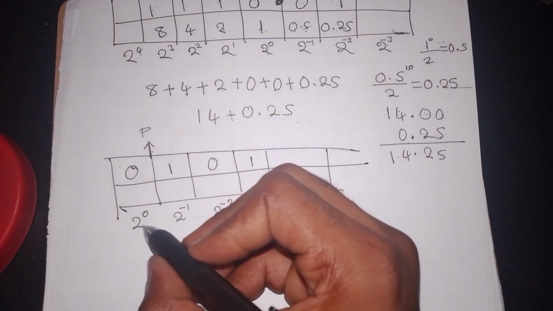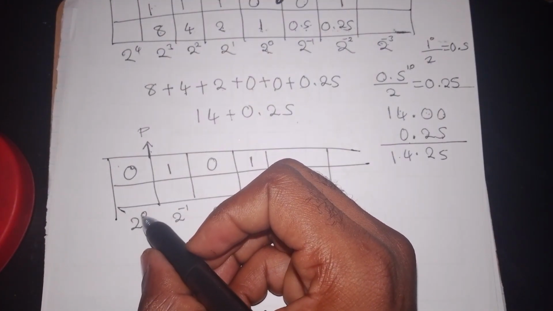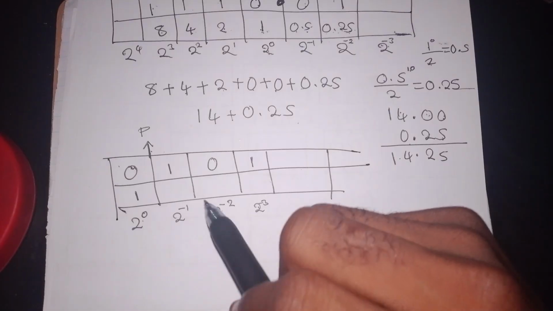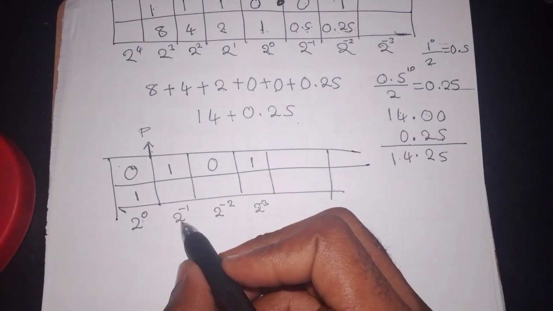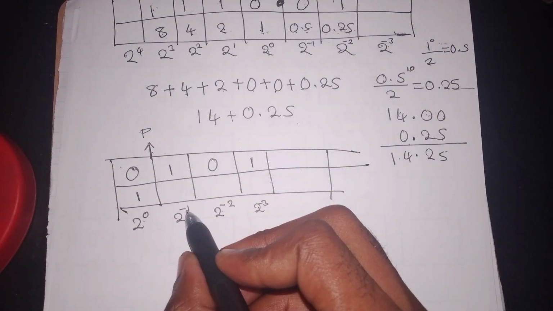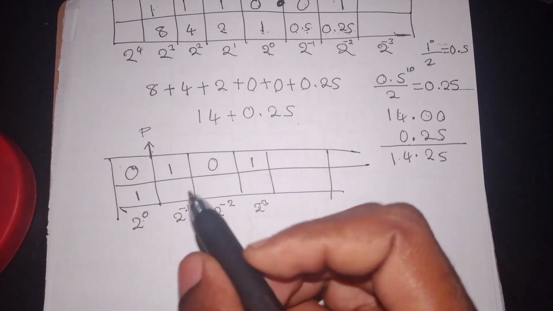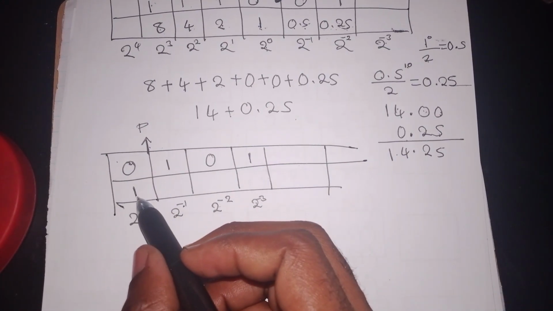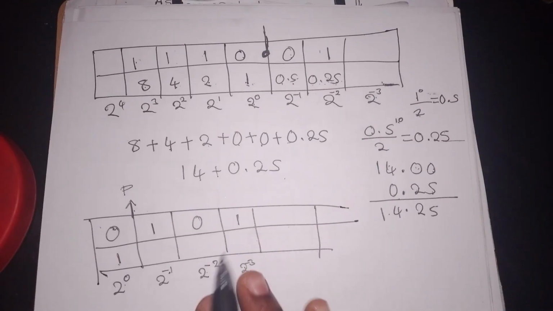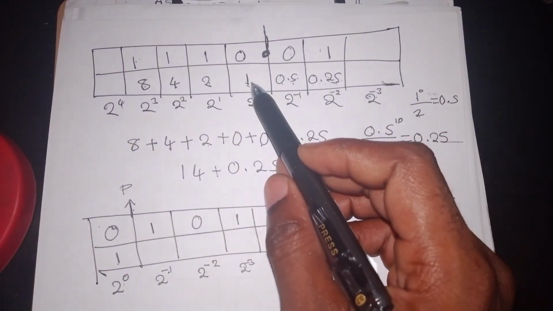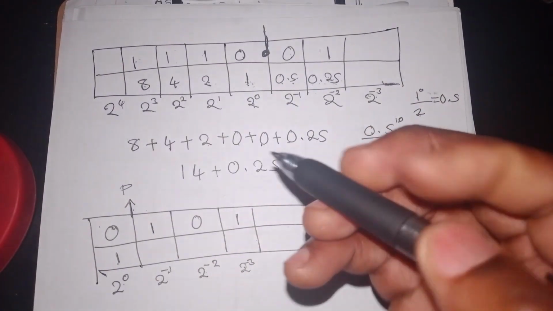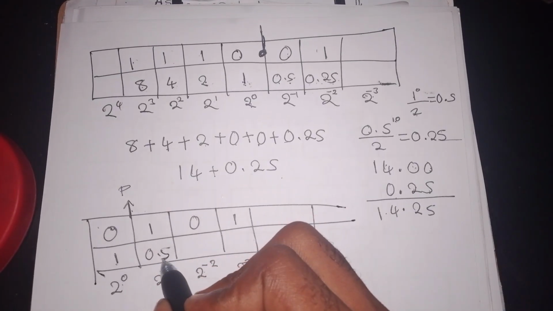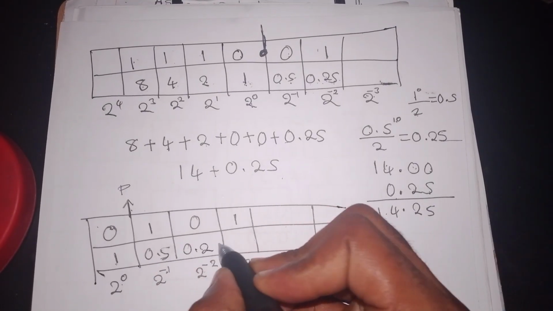So 2 to the power 0, we know that any number raised to the power 0 is 1. By any number, I don't mean 0, by the way. And then 2 to the power -1 will simply be, remember, we are moving backwards from here, so you can just divide this by 2. When 1 is divided by 2, you have 0.5. When you divide this by 2, you have 0.25.